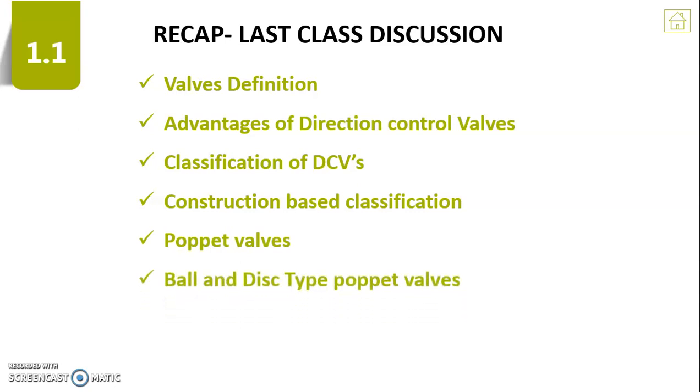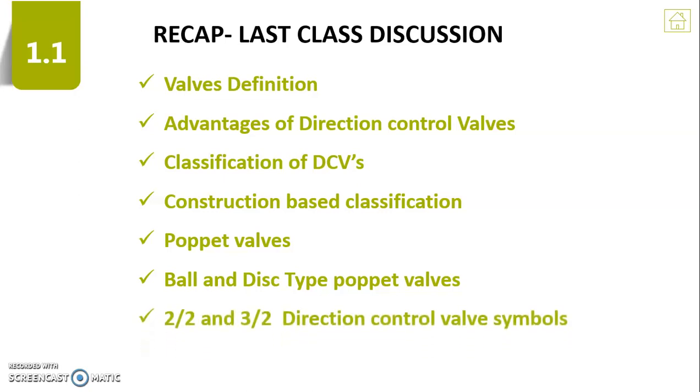The poppet valves are classified as ball type and disc type, and there we discussed 2x2 and 3x2 construction-wise poppet DCV valves. Then we got a broad idea of the symbolic representation of 2x2 and 3x2 valves, and with the help of the symbols, you can find out which position is said to be the normally open condition and the normally closed condition.